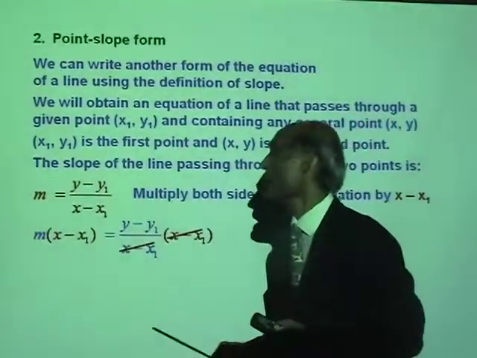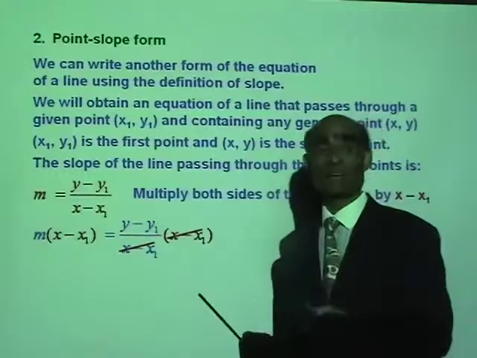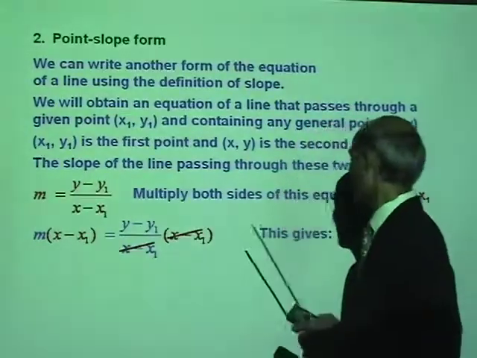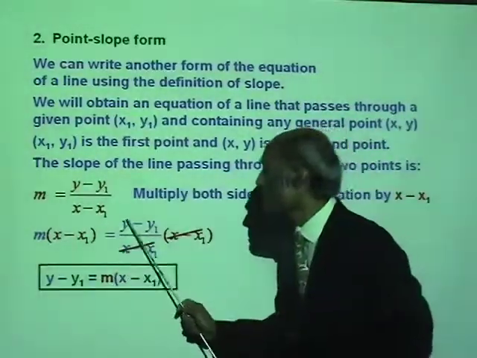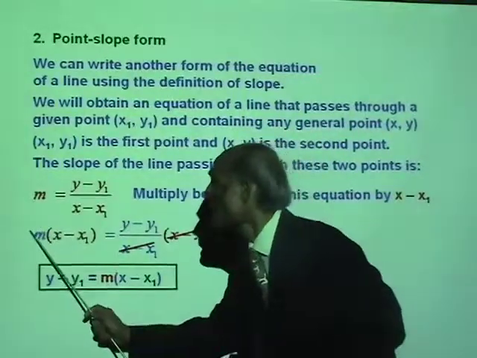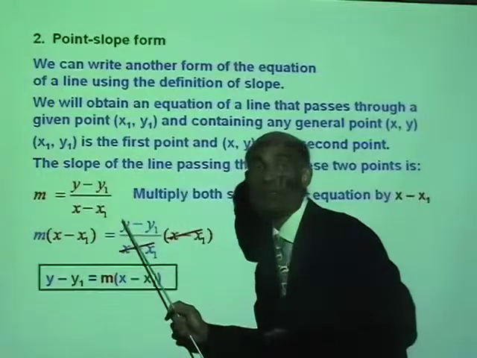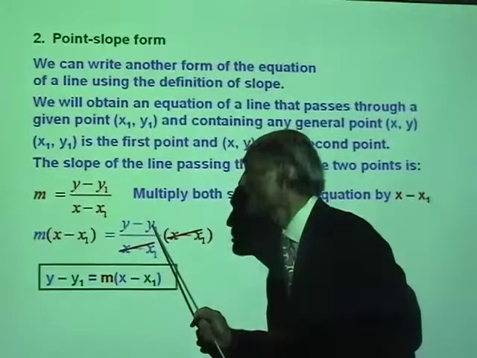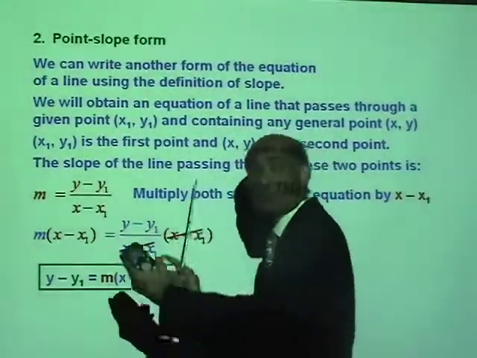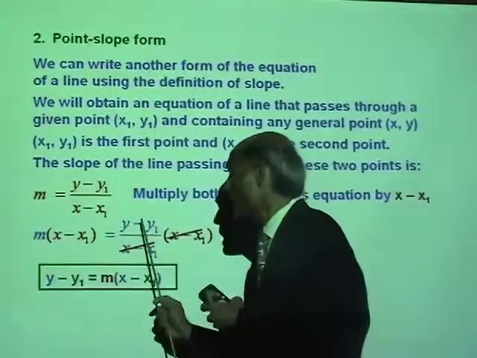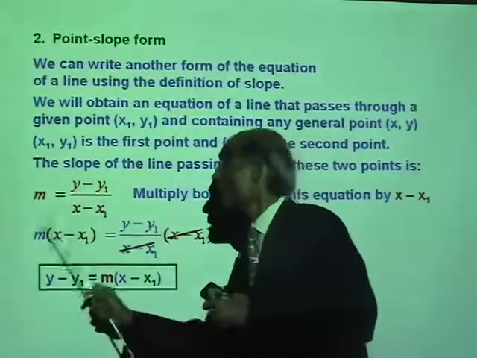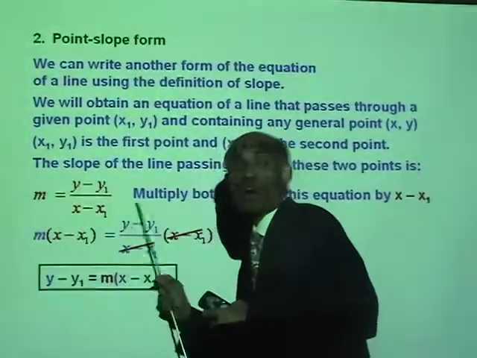And what do I have now on the left side? On the left side I have m times (x minus x1), and the right side I have y minus y1, and I simply exchange them. I wrote this on the left and this on the right.